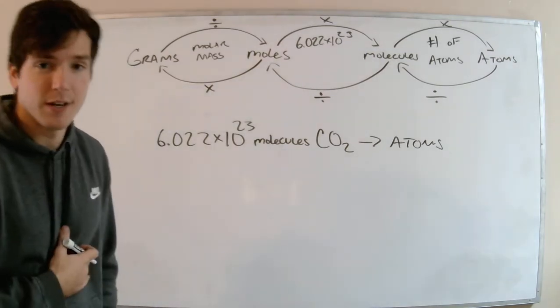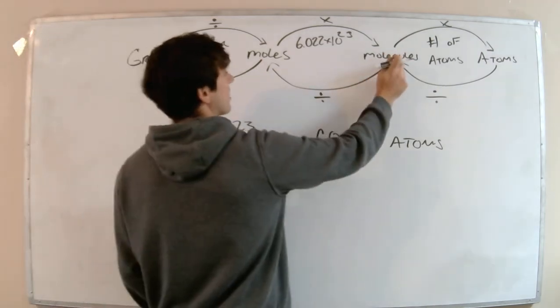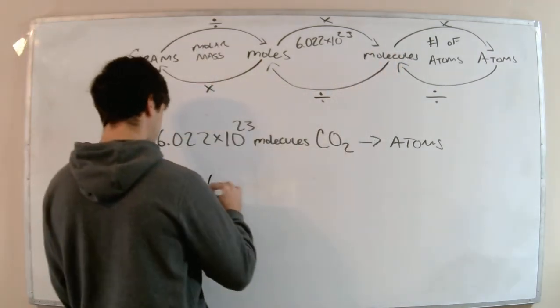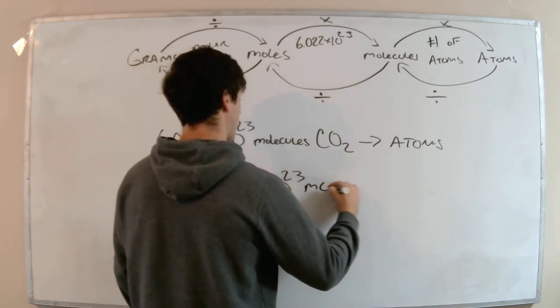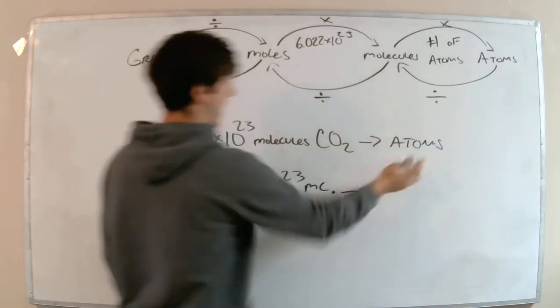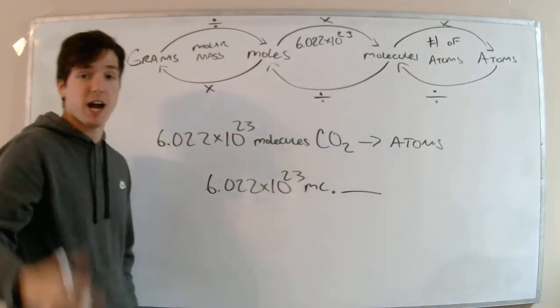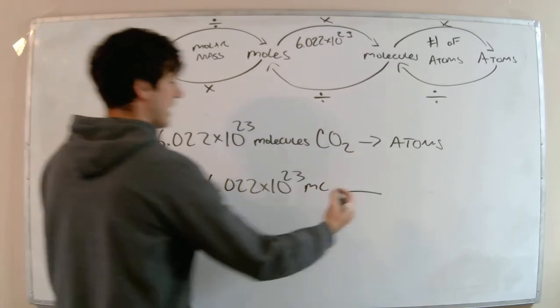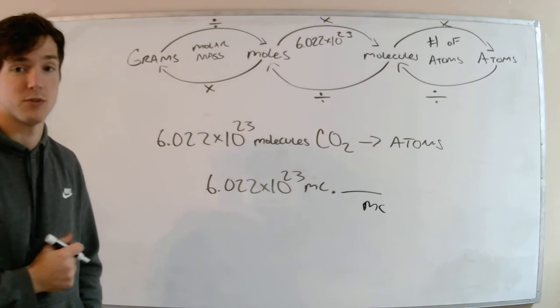First of all, I start with what I'm given, which is molecules. So I'm starting right here in our nice little chart. And I'm trying to go to atoms. So I'm going to be multiplying by the number of atoms of whatever compound I'm talking about. And in this case, compound I'm talking about is CO2.